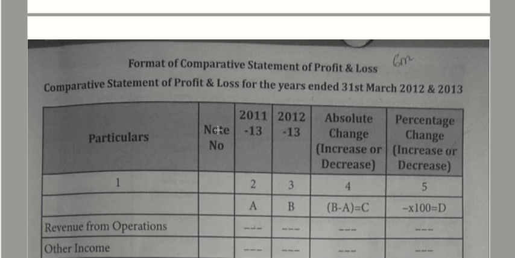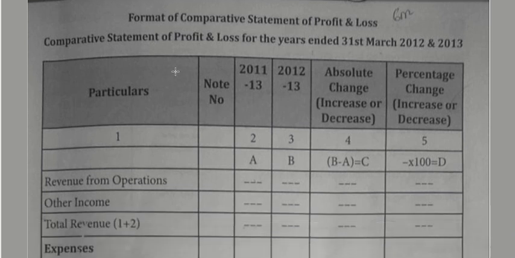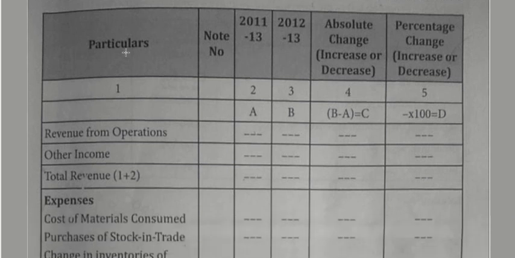So the format of the comparative income statement of profit and loss account: basically your heading will be comparative statement of profit and loss for the years ended 31st March. Whatever years they give, the oldest year will be your base year, which here is 2012, and the current year will be 2030. You have basically 6 columns.